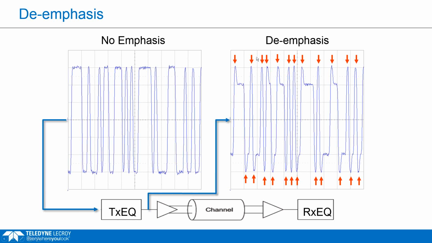What de-emphasis does is it takes the first bit after a transition and leaves that at the nominal amplitude, and then it de-emphasizes or reduces the amplitude of subsequent bits. And that's true for the positive or the negative transitions here. And that is essentially boosting the high frequency content in the signal in anticipation of the low pass filtering effects that this channel is going to have.